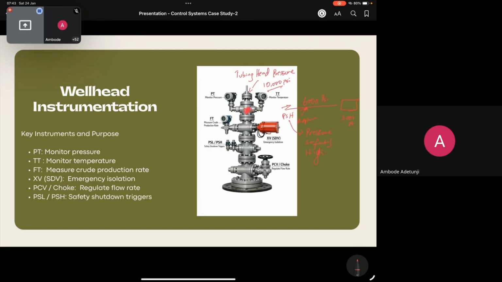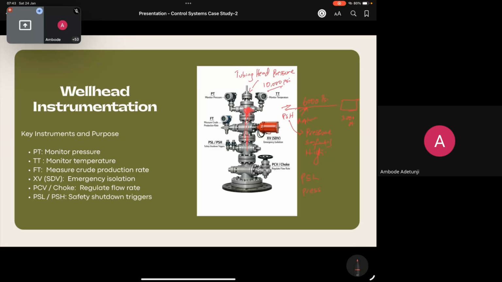Once you set it, maybe at 6,000, or of course maybe at 5,500, a pressure lower than the rated pressure, once it senses that pressure, it switches and then activates the SDV on this wellhead and shuts down, so that it does not permit high pressure to get onto this pipeline.